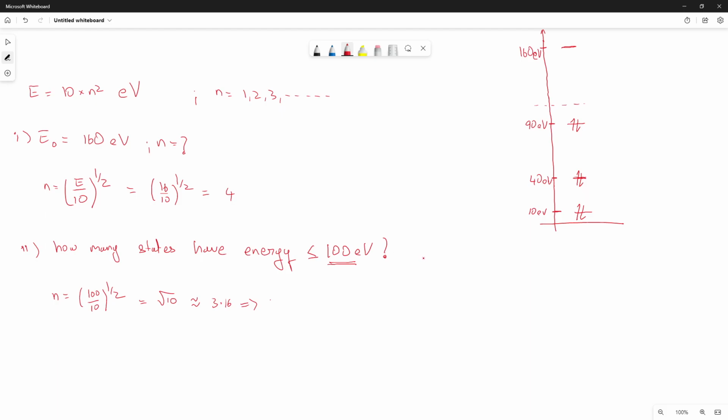Is that part clear? So now let me define this function.